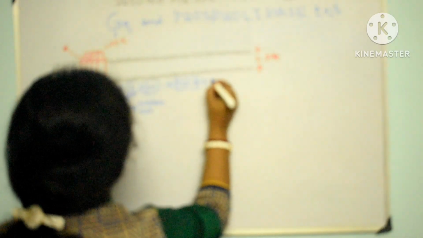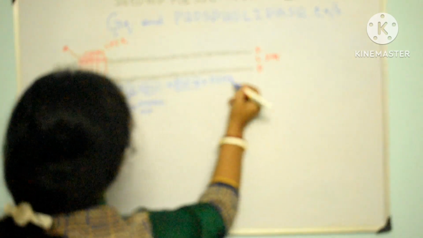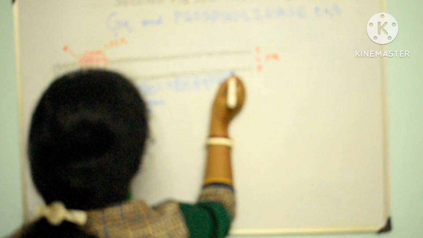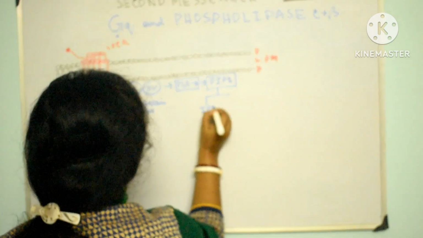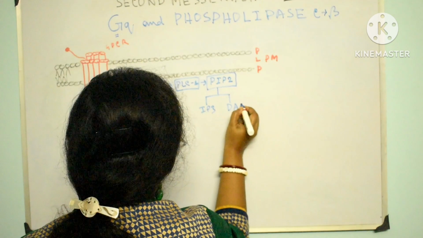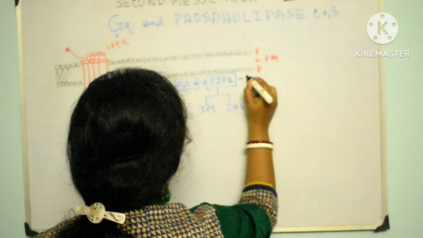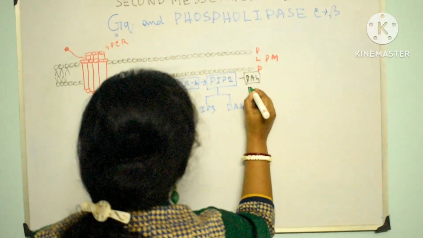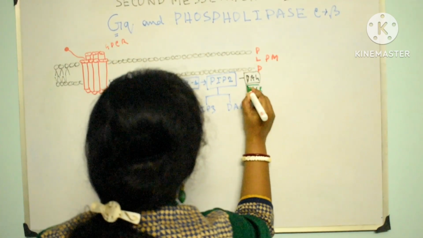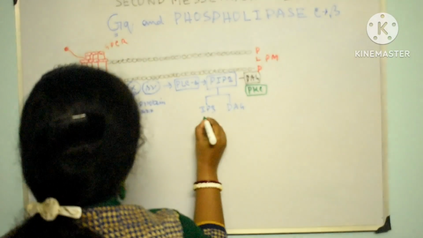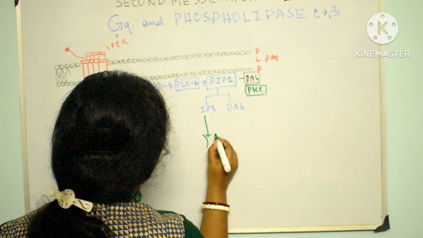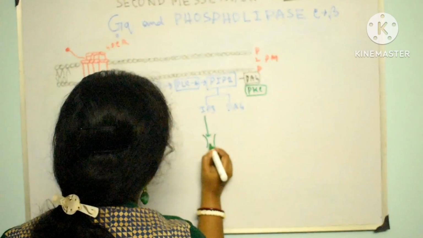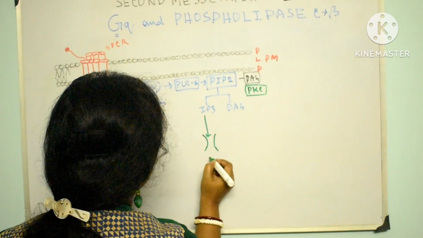It is going to cleave PIP2, and PIP2 gives rise to IP3-DAG. This DAG here activates PKC. IP3 goes inside and opens the ligand gated calcium ion channel.